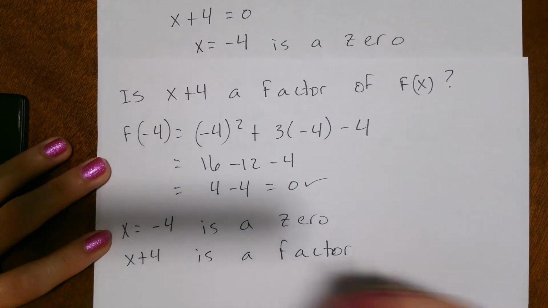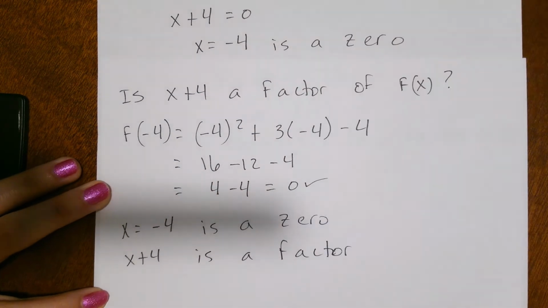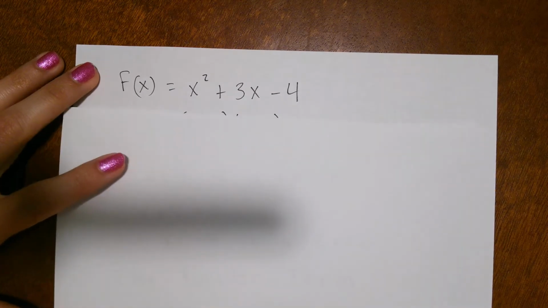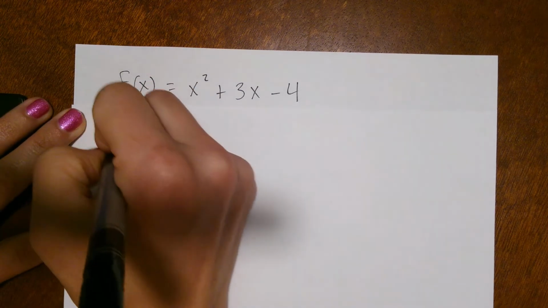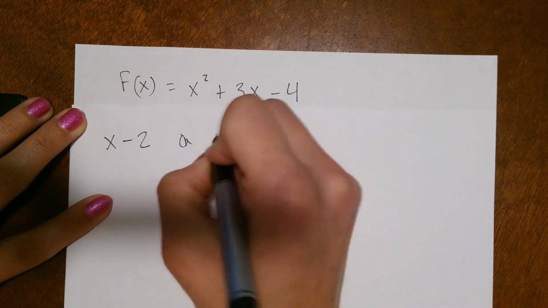Let's try another one. We'll still use our same function. I have f of x equals x squared plus 3x minus 4, and I want to know, is x minus 2 a factor?